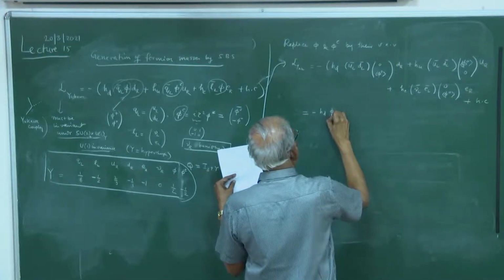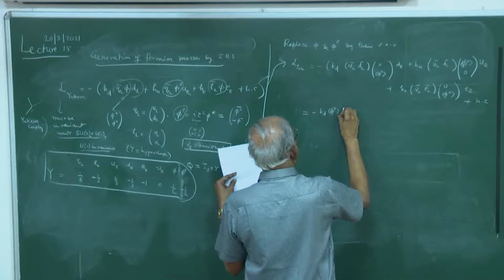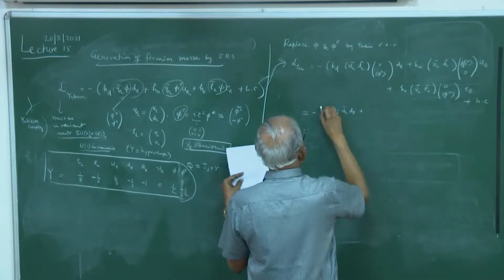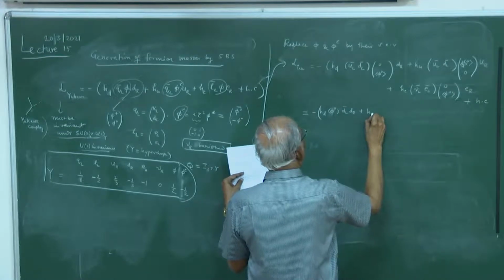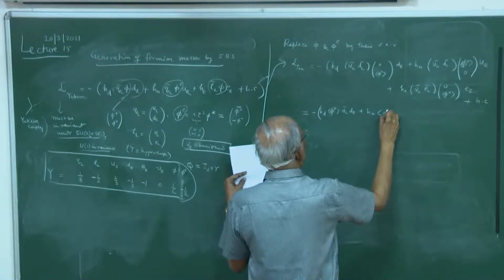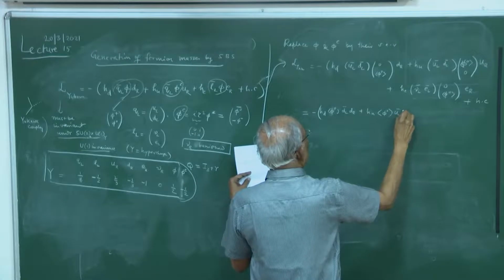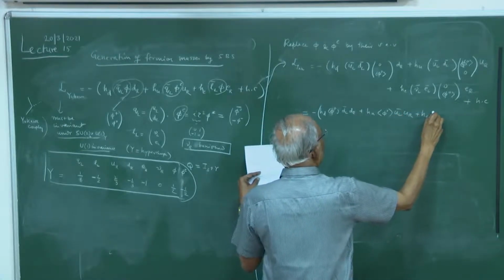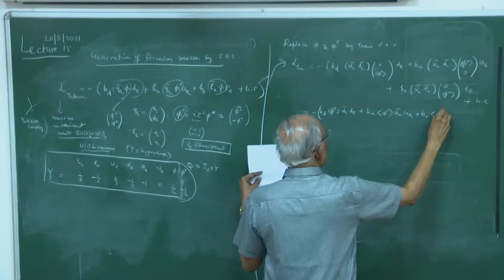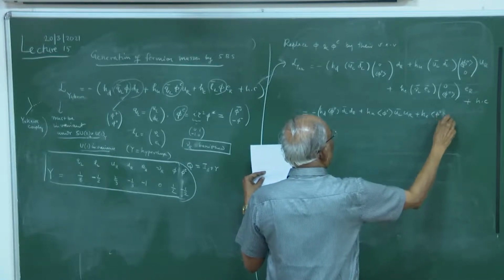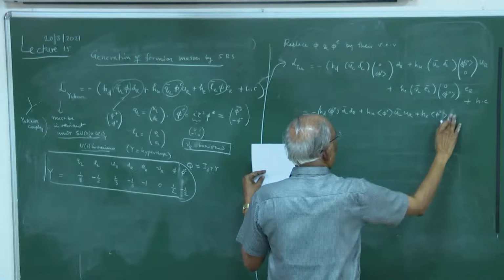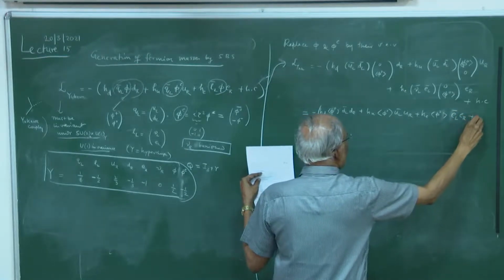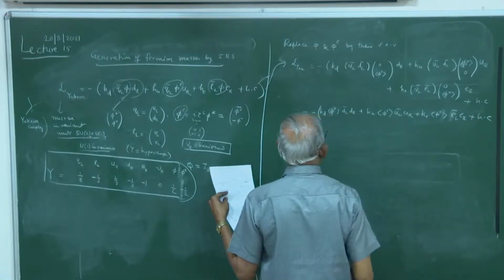Let me write phi 0 here into dL bar dR, plus HU phi 0 uL bar uR, plus HE phi 0 eL bar eR, plus Hermitian conjugate. So that is it.